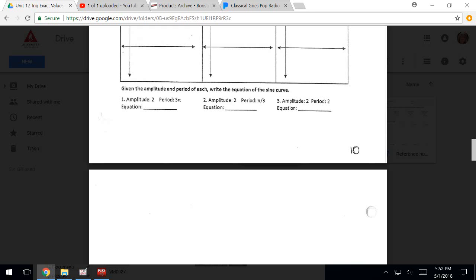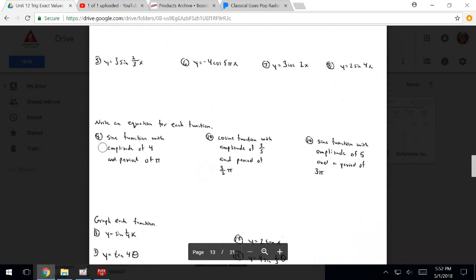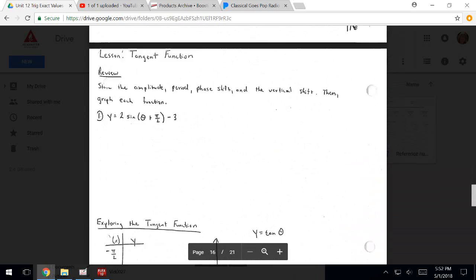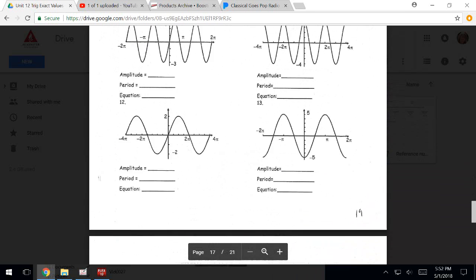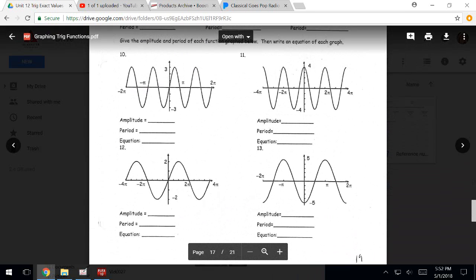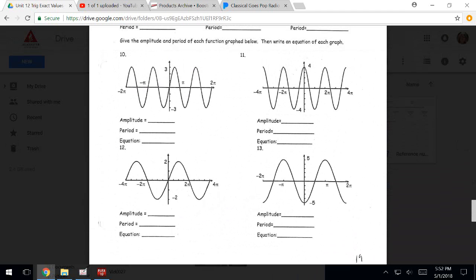There's sine and cosine. The biggest thing on this paper, guys, that we're working on is that you're very, very careful to realize if they want sine or if they want cosine. So for example, on number 10, you're like, Ms. Blackman, they don't give you sine or cosine. Yes, they do. Look at where it passes on 10.